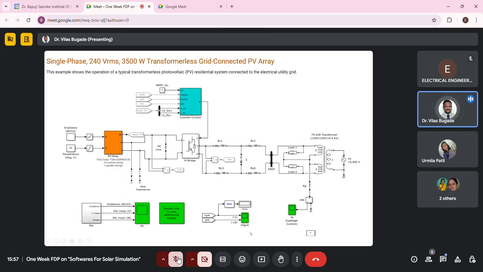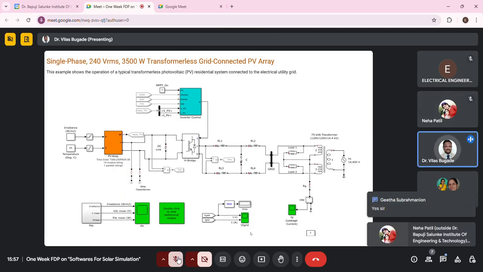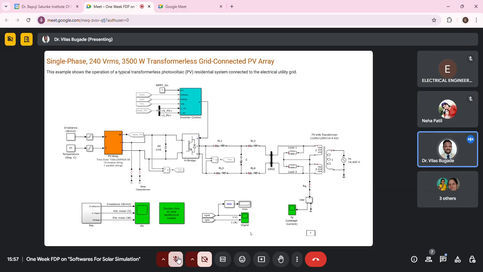Now, this one we did for 240 volts. See, there is one word, transformerless. What does it mean? In the domestic consumer sector they have 230 volts, which approximately comes to 56 volts peak-adjusted, so we are taking a 240 VRMS design.